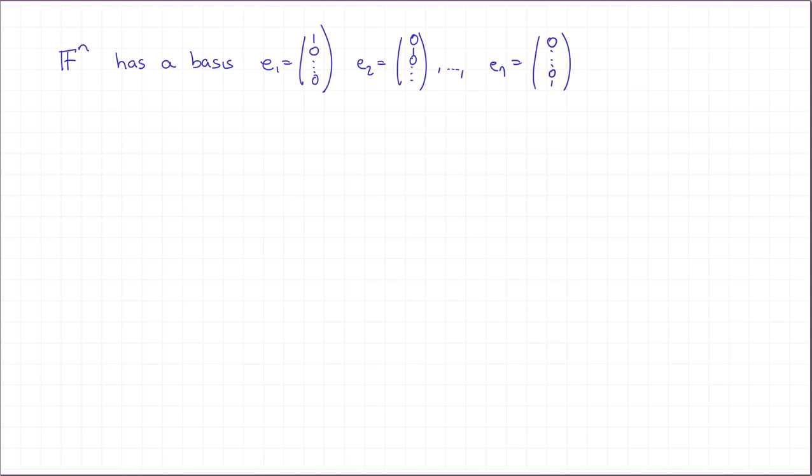So as we've seen before, it has a basis consisting of e1, which is this vector, and then e2, which is the next vector with a 1 in position 2, and so on up to en, which is 0, 0, 0, all the way down to 0, and then a 1 in the last place.